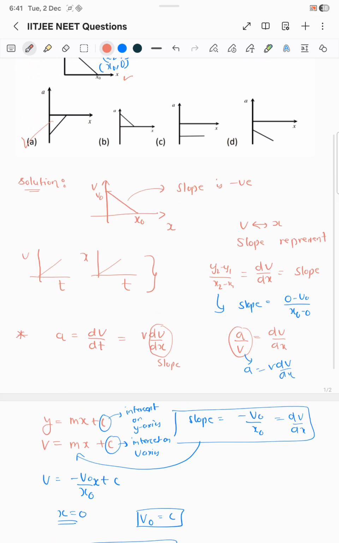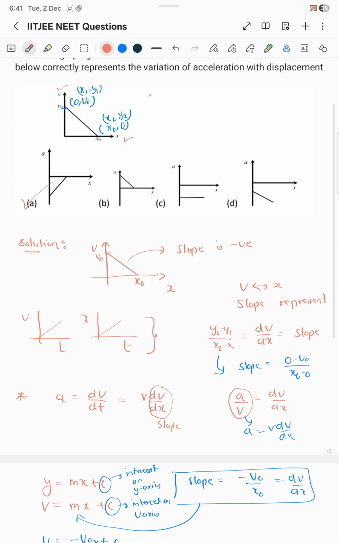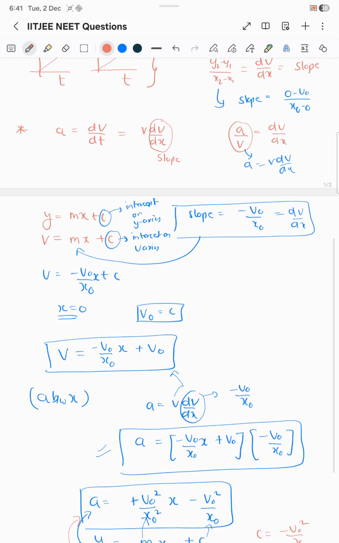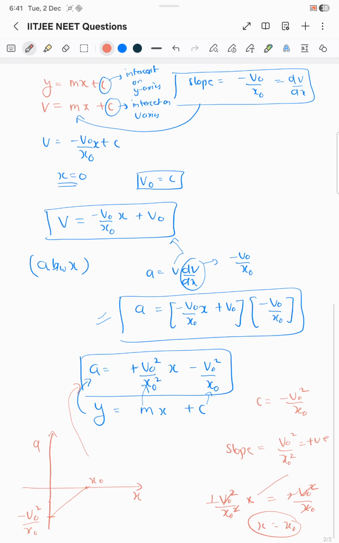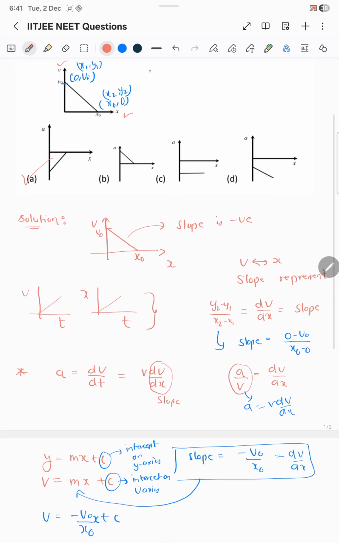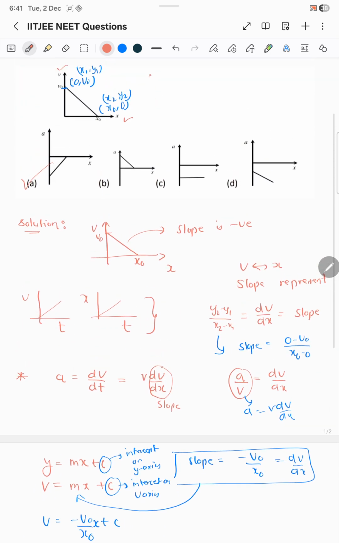We first found a relation between v and x, because of the straight lines. Then we found a relation between acceleration and displacement, so that we get an equation of a straight line. By getting the equation of a straight line, we can directly plot it, and the same plot is given in option A, so that will be our answer.